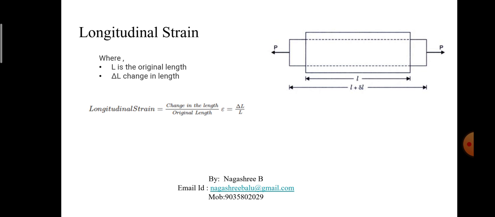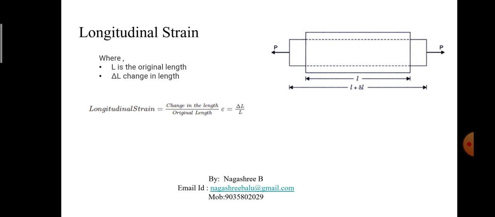This increase leads to stress and also results in strain. When the body is subjected to an axial tensile or compressive load, there will be axial deformation along the length of the body.